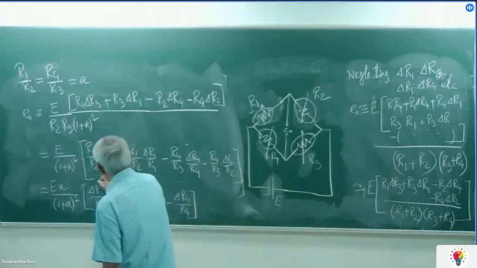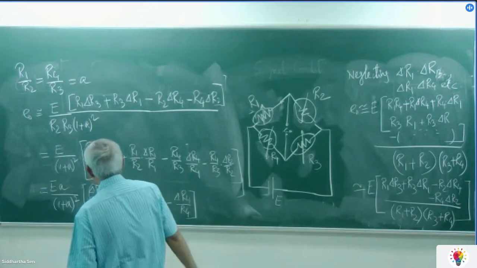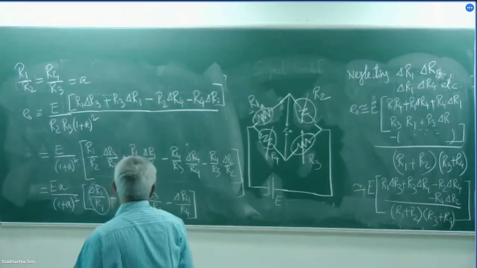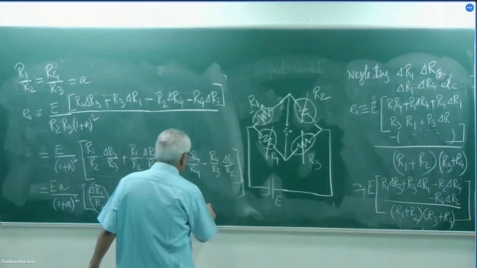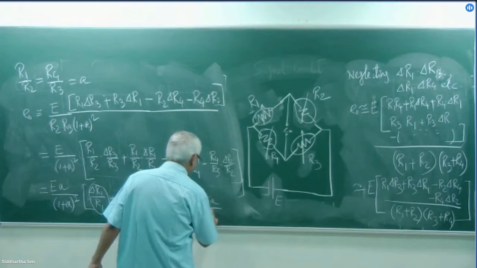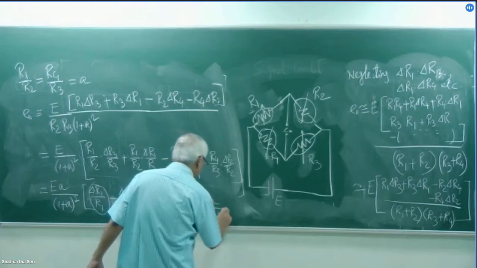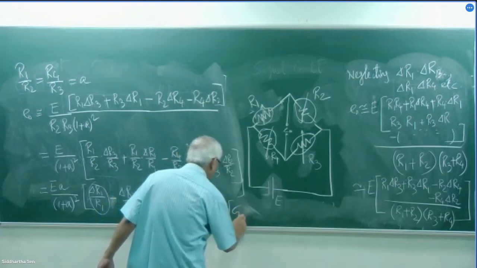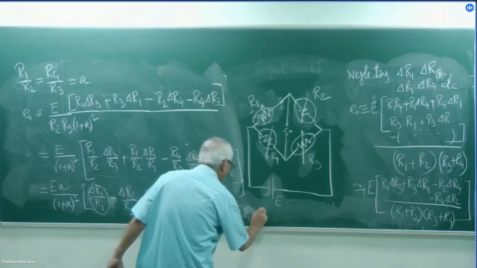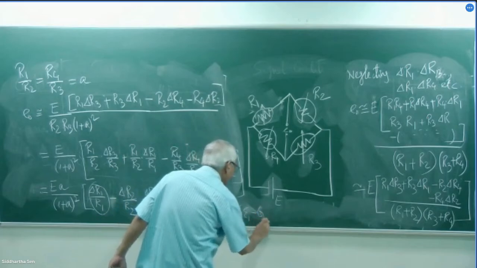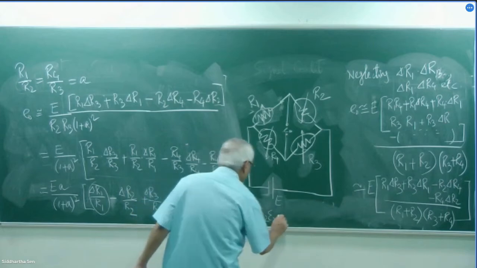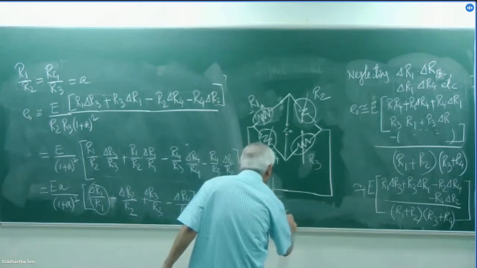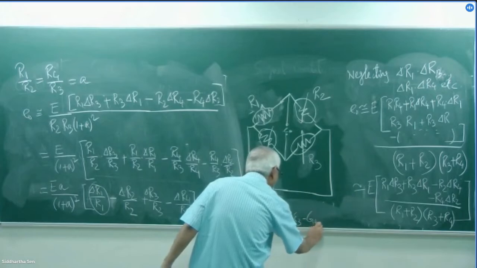What is delta R1 by R1? It is G1 into epsilon. So here it is EA divided by 1 plus A whole square into G1 epsilon 1 minus G2 epsilon 2 plus G3 epsilon 3 minus G4 epsilon 4.